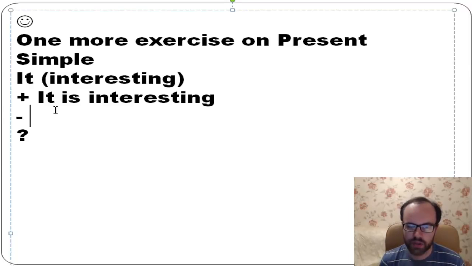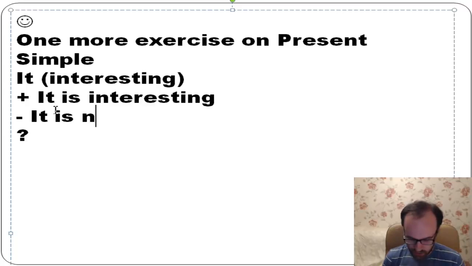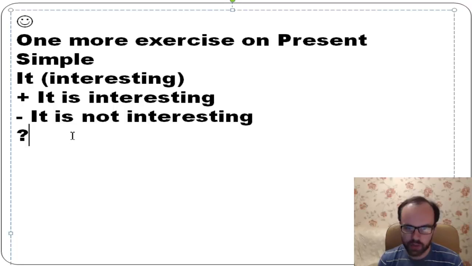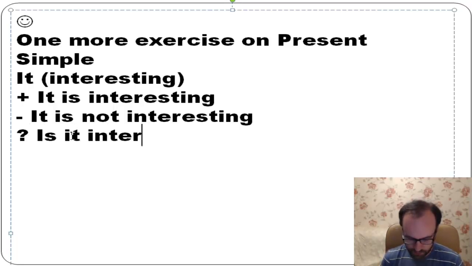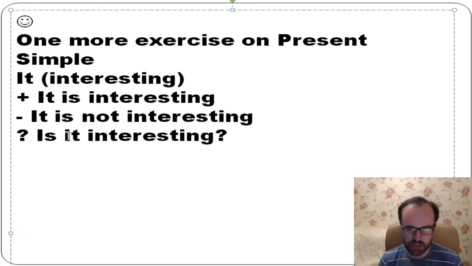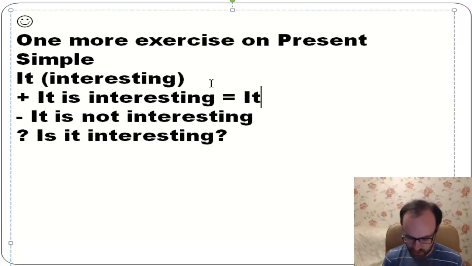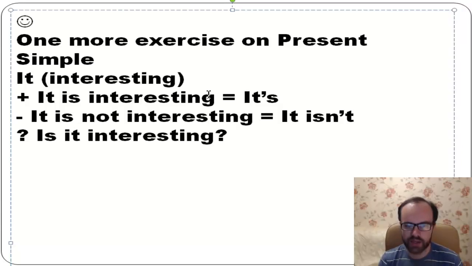Negative form: it is not interesting. How will you ask a question? Is it interesting? You can also use a short form: it's interesting, it isn't interesting, and is it interesting? So very good.